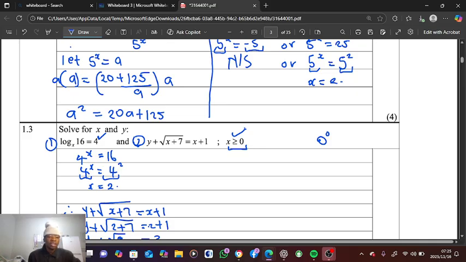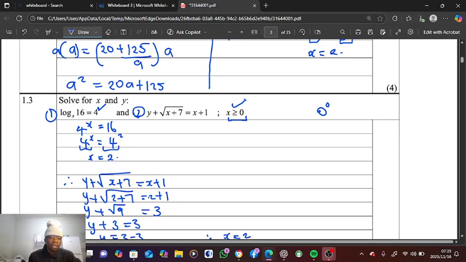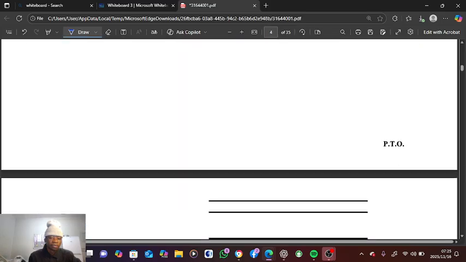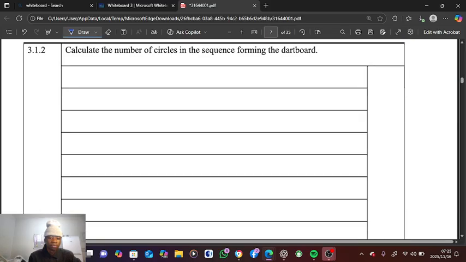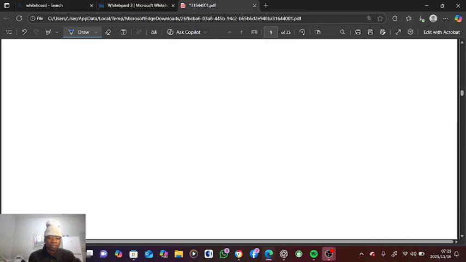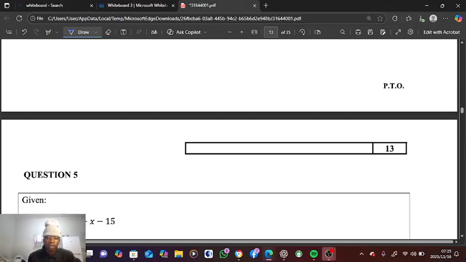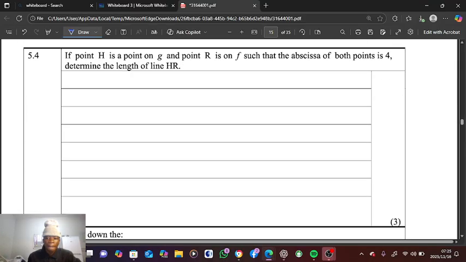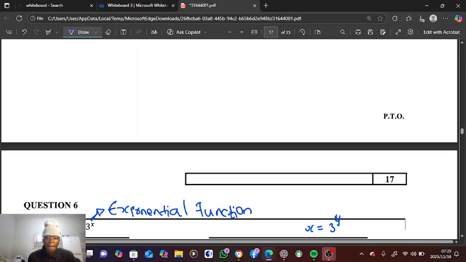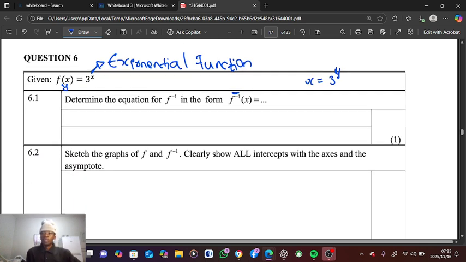So this side we have x is equal to 3 to the power of y, meaning that we must have y equal to something.